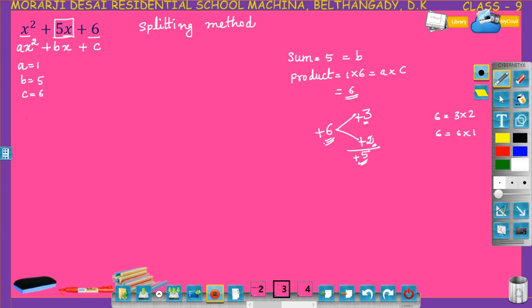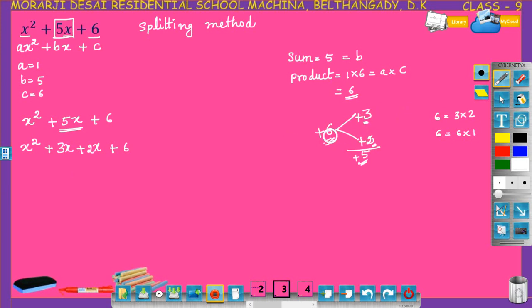Now we have to write x square plus 5x plus 6. You have to split the term 5x. Write the first term and last term as they are. Now split the middle term. 5x should be written as 3x plus 2x because we got two numbers here.